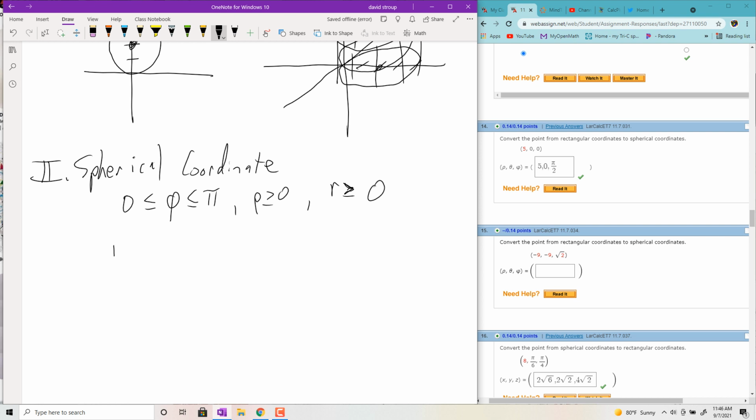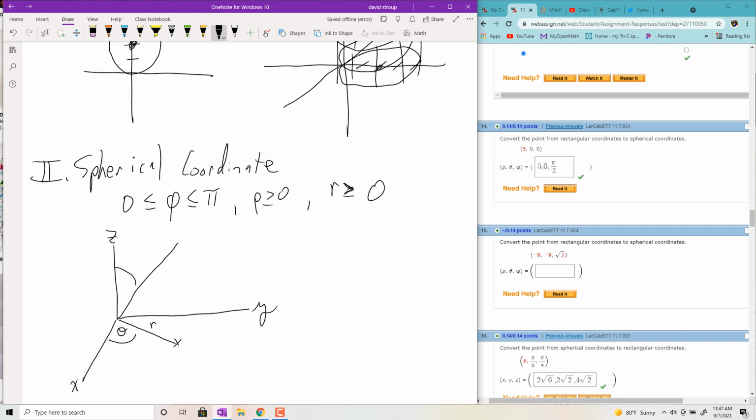This time, this is my x, this is my y, this is my z. In the xy plane, you could still think about theta and r. So theta is here and r is here. The thing that we're going to use is phi, where you're dropping down away from the z-axis.